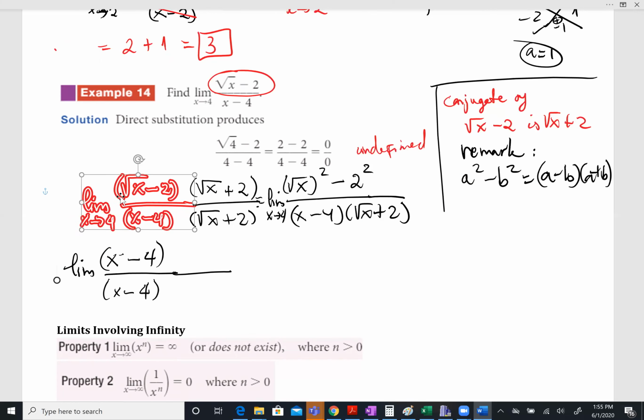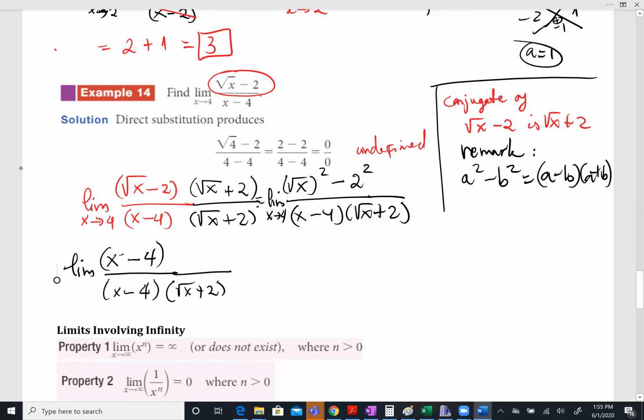So I have square root of x plus 2. All right, and x approaches 2.